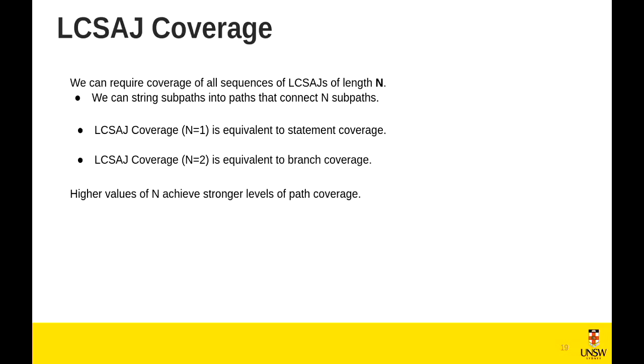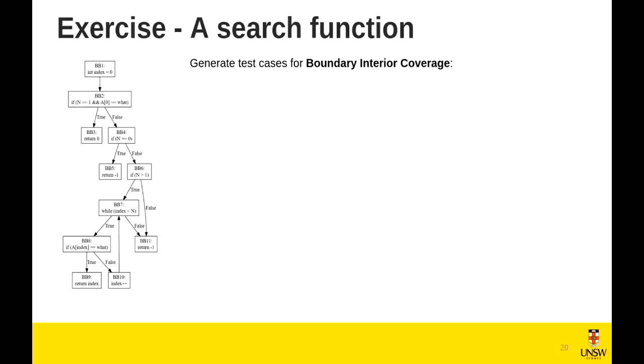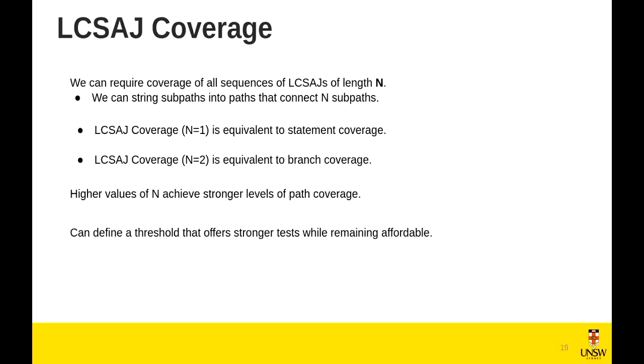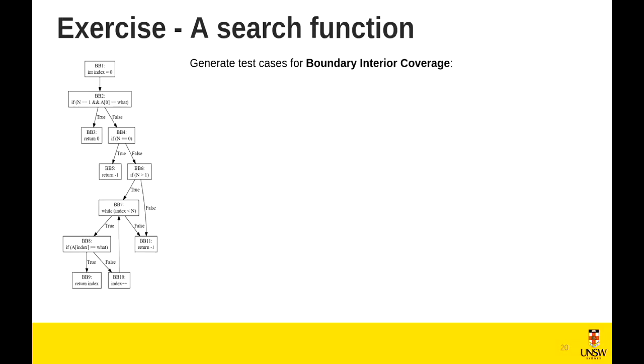As you can see, this n gives us the flexibility to adjust the level of complexity when we deal with the coverage of a program. So that's the advantage of using this type of coverage.